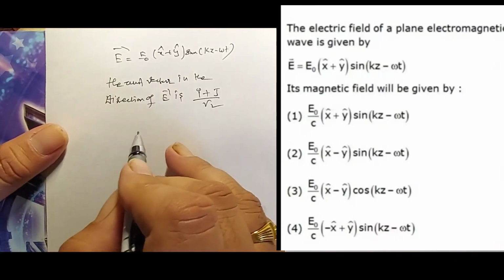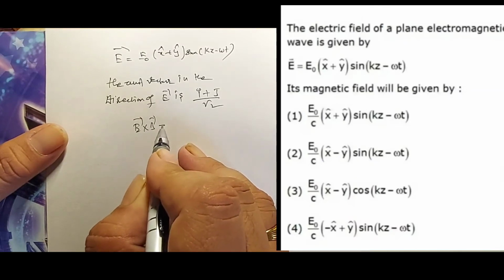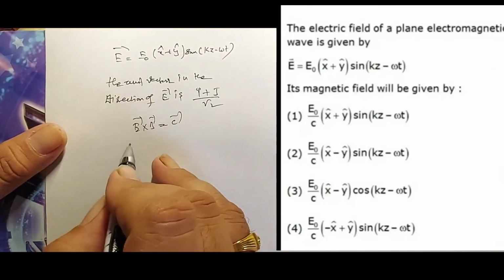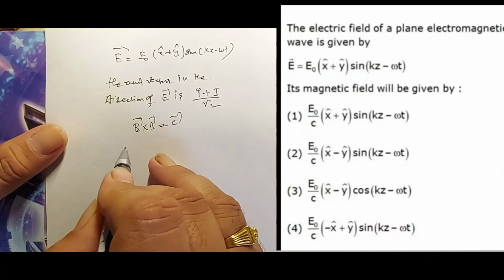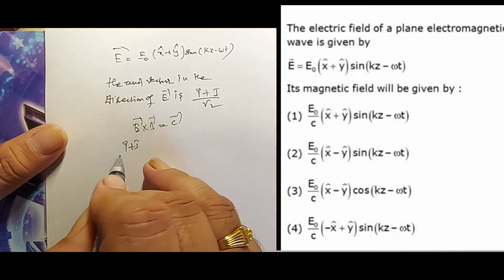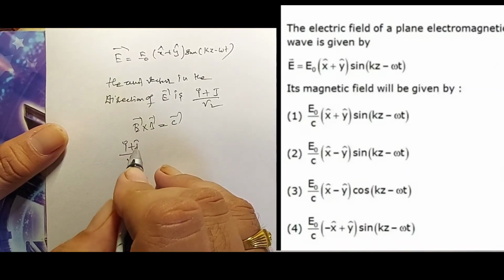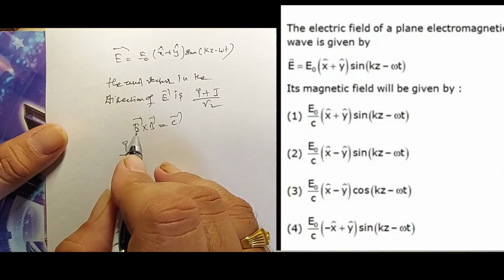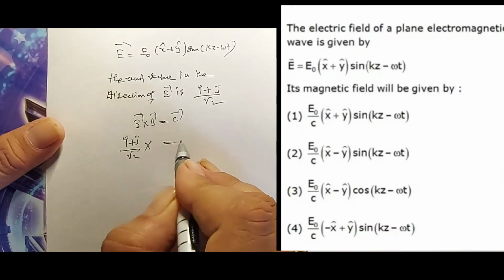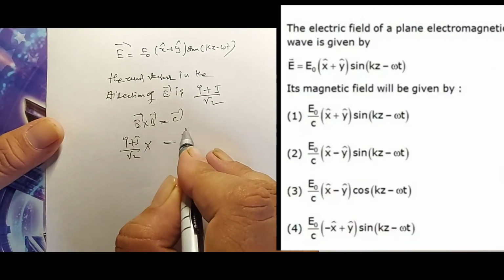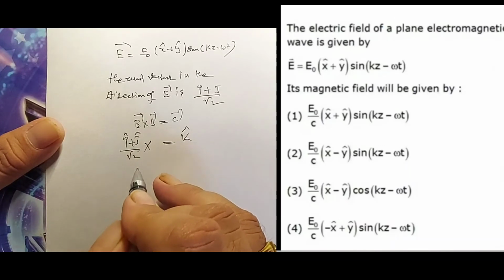So we know that here E bar cross B bar is equal to C bar. So here i plus j by root 2 is the unit vector along the electric field direction, cross, we do not know B bar, that is equal to C bar. C bar is k cap. Okay, i cap plus j cap by root 2.